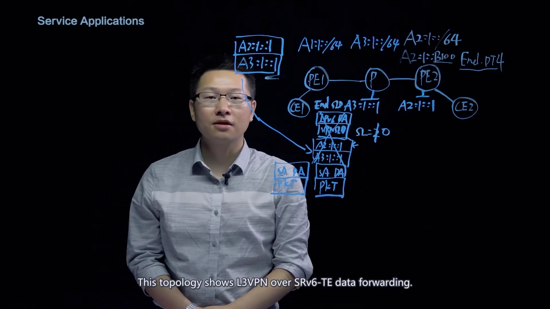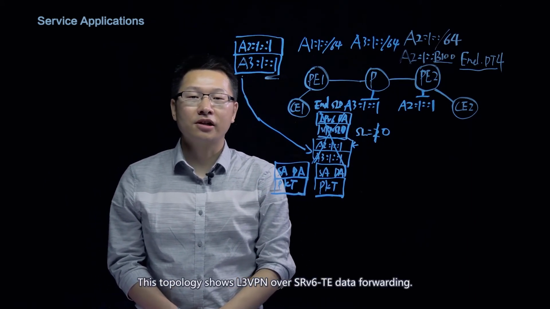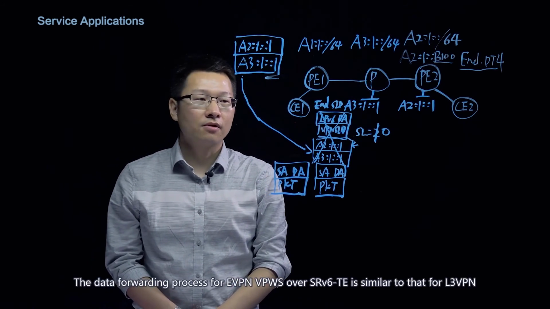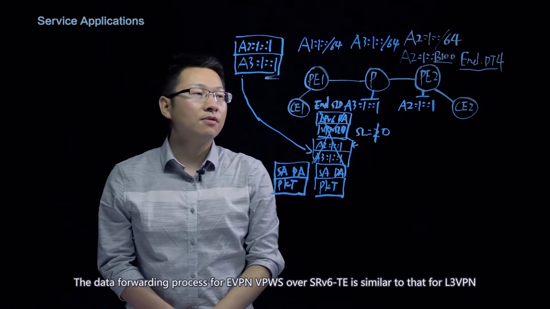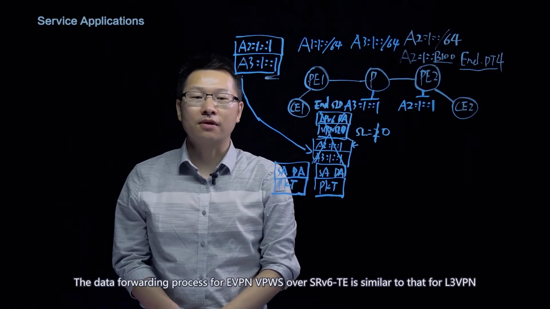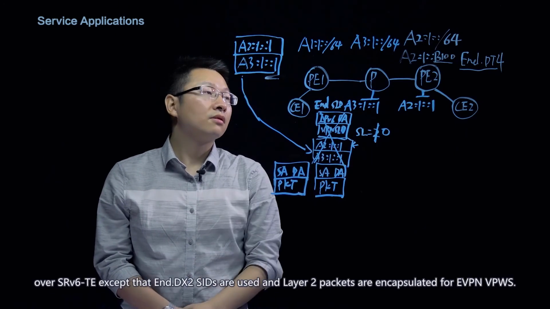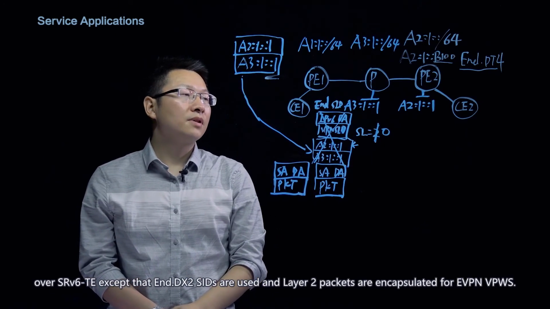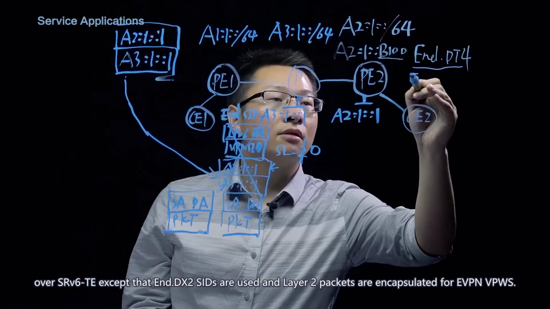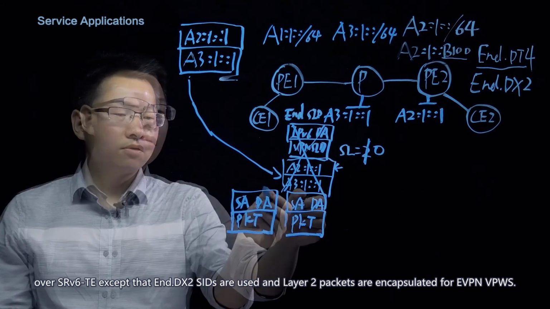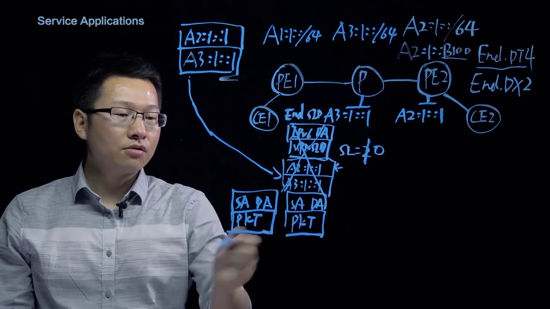This topology shows L3 VPN over SRv6 data forwarding. The data forwarding process for eVPN VPWS over SRv6 is similar to that for L3 VPN over SRv6 except that NDX2 seeds are used and layer 2 packets are encapsulated for eVPN VPWS.